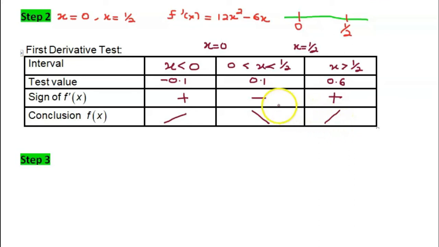For now, we are able to say that when x equals 0, there is an increase in the graph that changes to a decrease. So as the graph changes from increasing to decreasing, we will say the coordinate involved, (0, 0), is a maximum point.